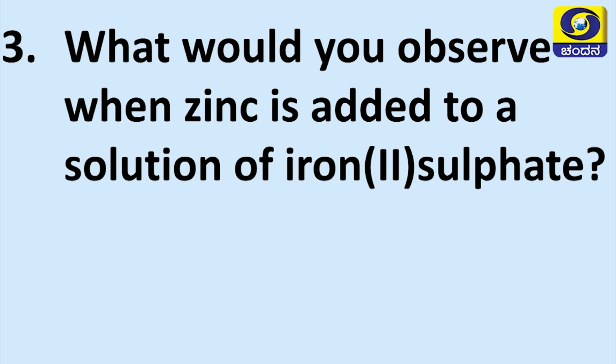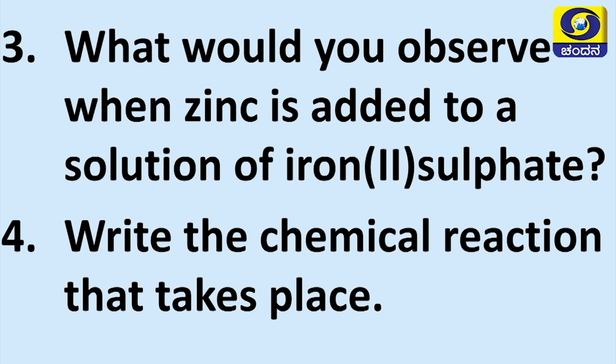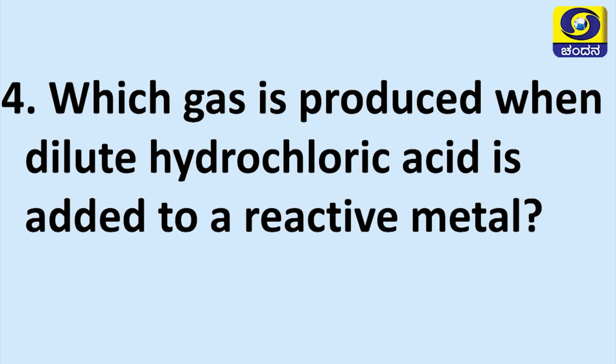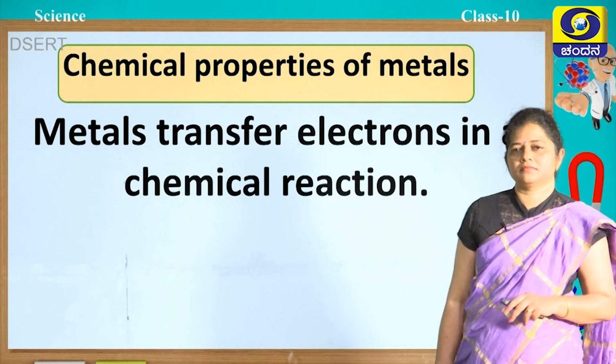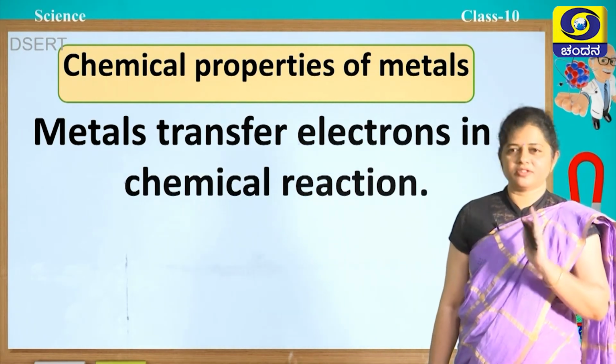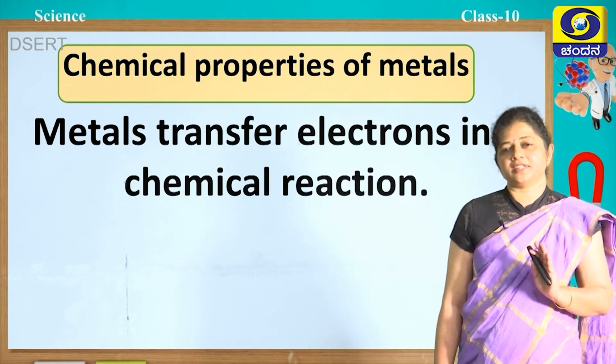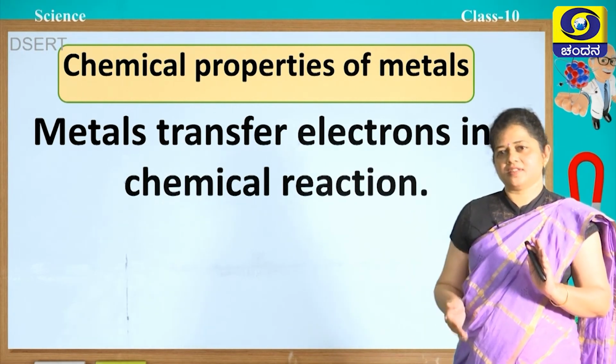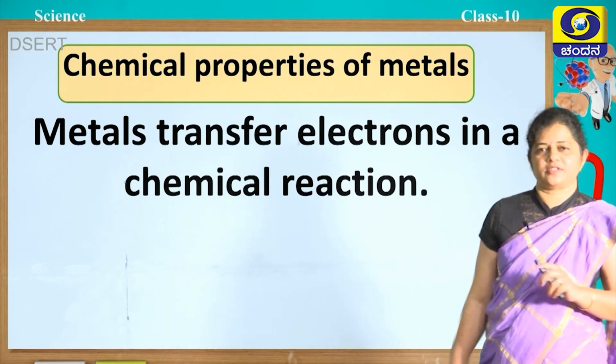What would you observe when zinc is added to a solution of iron 2 sulphate, and write the chemical reaction that takes place for this reaction. Which gas is produced when dilute hydrochloric acid is added to a reactive metal? I hope you can get the answers for all the questions. You go through the reactivity series. The reactivity series will help you in answering those questions.